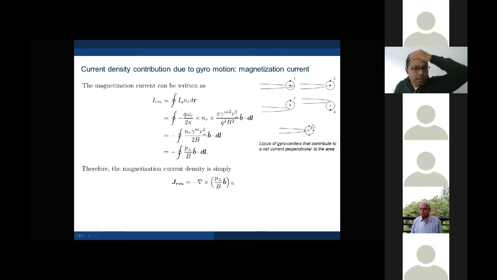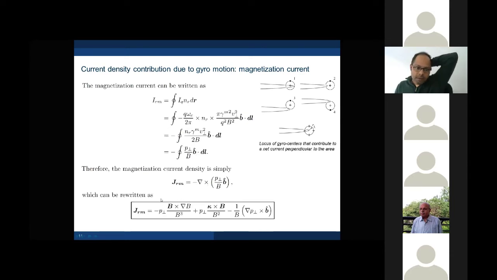And this is the total current contribution, but the current density itself, I mean, I is the area integral of this, so J can be clearly seen to be the curl of this term. This can be expanded into these three different terms here. This is just algebra and nothing more from here to here.